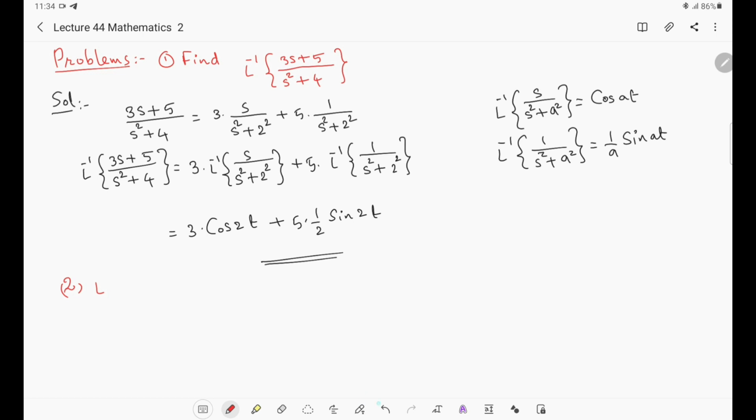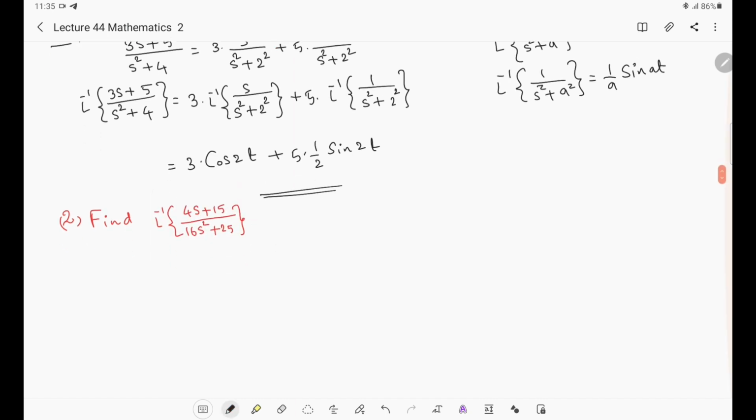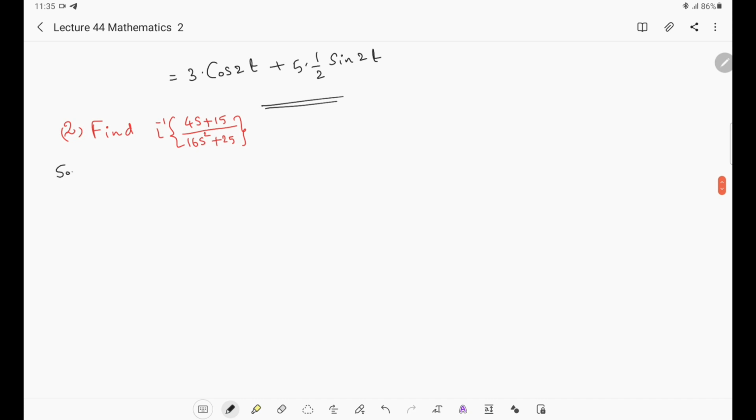Second question, find the inverse Laplace transform of 4s plus 15 divided by 16s square plus 25.